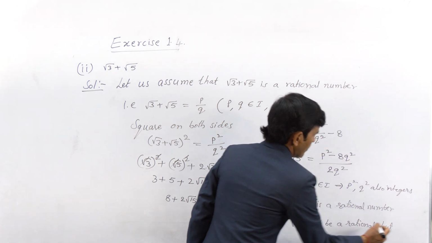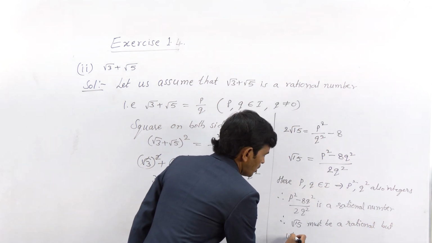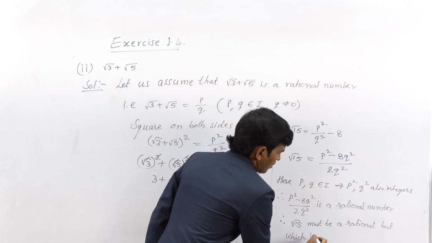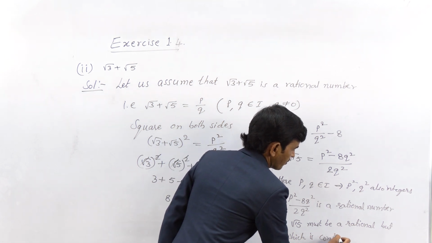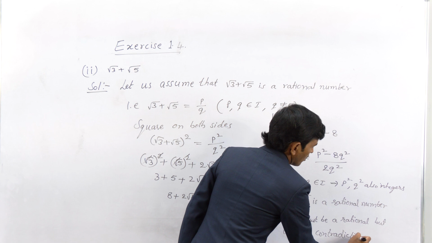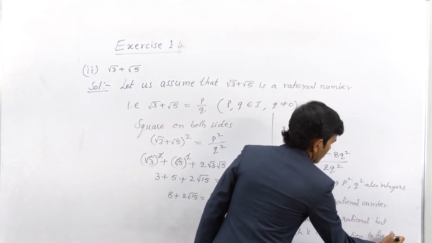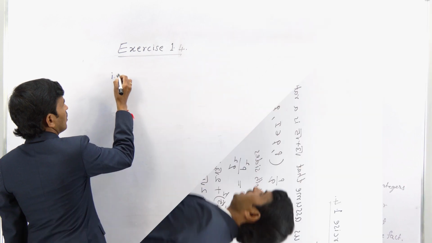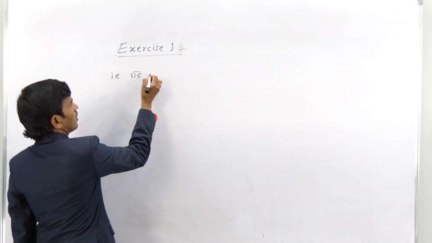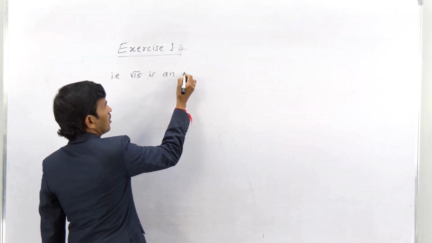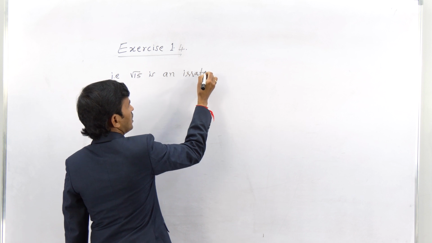but which is a contradiction to the fact that root 15 is an irrational number.